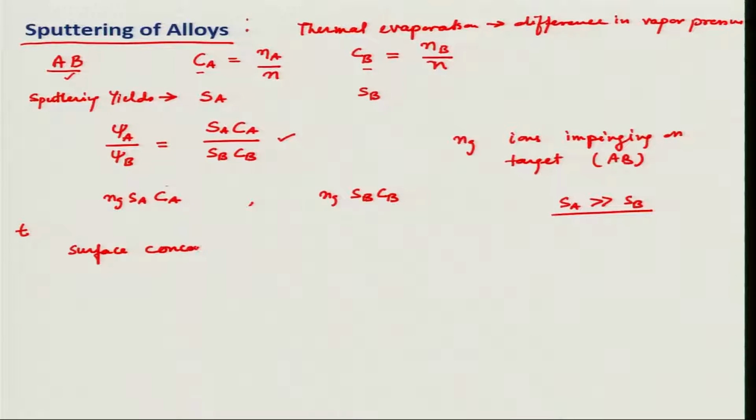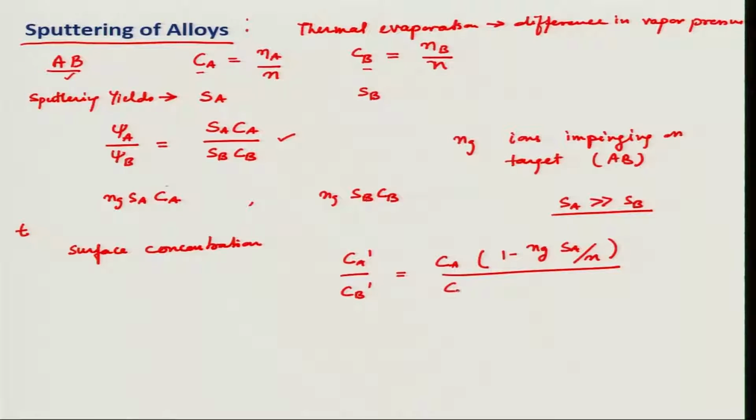Surface concentration will be Ca dash over Cb dash, which is equal to Ca times 1 minus Ng Sa over N, divided by Cb times 1 minus Ng Sb over N. Okay, so Ca and Cb was my initial composition, but after sputtering for some time t, when some atoms of A and B have sputtered, the ratio of the surface concentration will be like this.